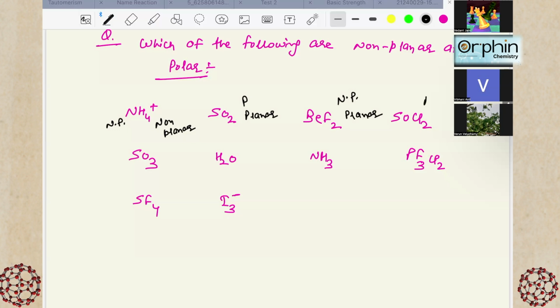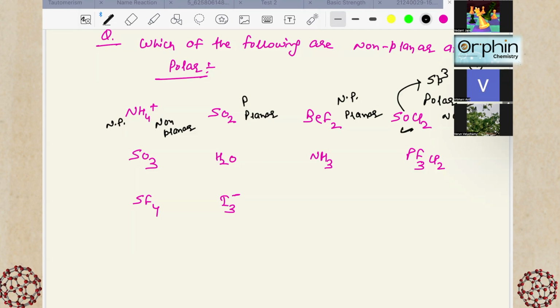SOCl2 is polar. It is again a case of one lone pair, and it is non-planar. Why is it non-planar? Because that is pyramidal. The hybridization, if you find, is sp3 and there is one lone pair. So sp3 and one lone pair, it is pyramidal, right? So pyramidal geometries are non-planar. So this is our answer. SO3 is non-polar.